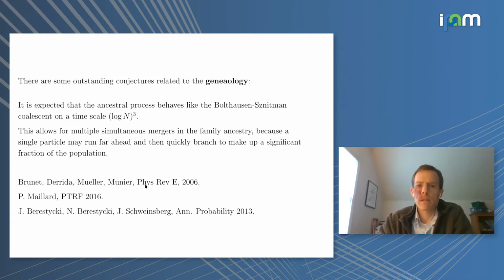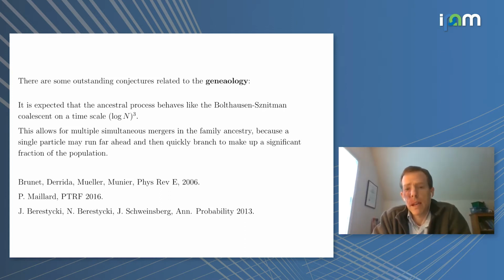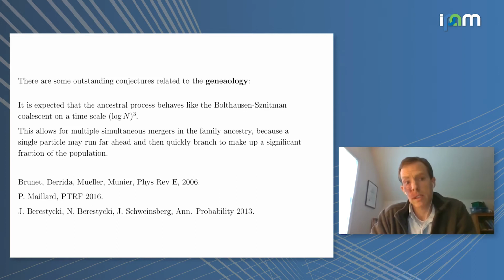So there are also some outstanding conjectures about the genealogy of the process. It's conjectured that the ancestral process behaves like a Bolthausen-Sznitman coalescent on a certain time scale. The interesting feature of this coalescent process is that there are multiple simultaneous mergers in the family ancestry.